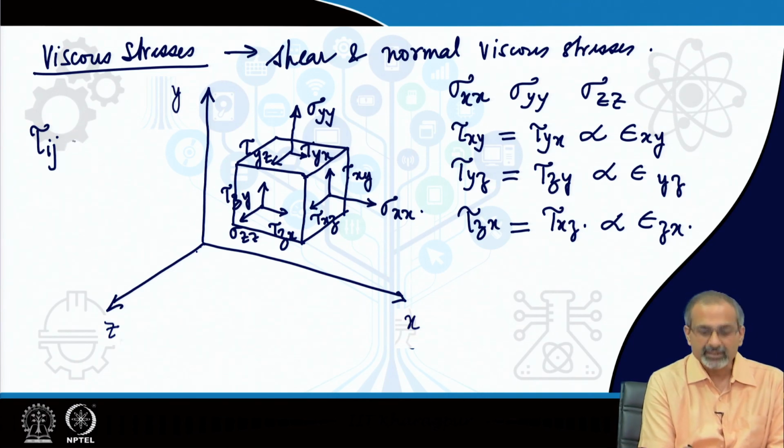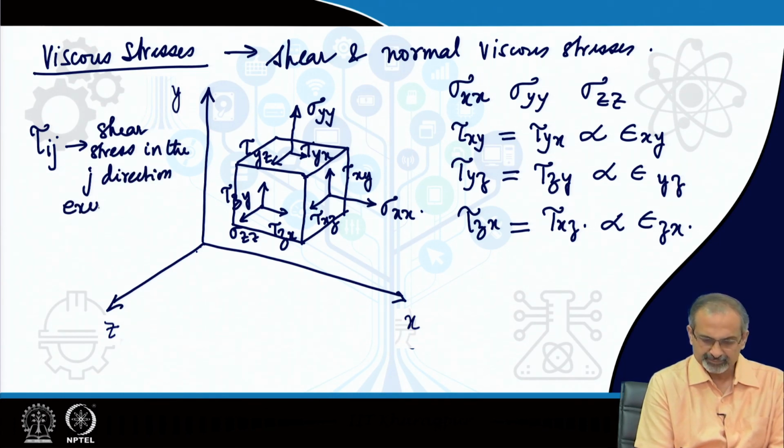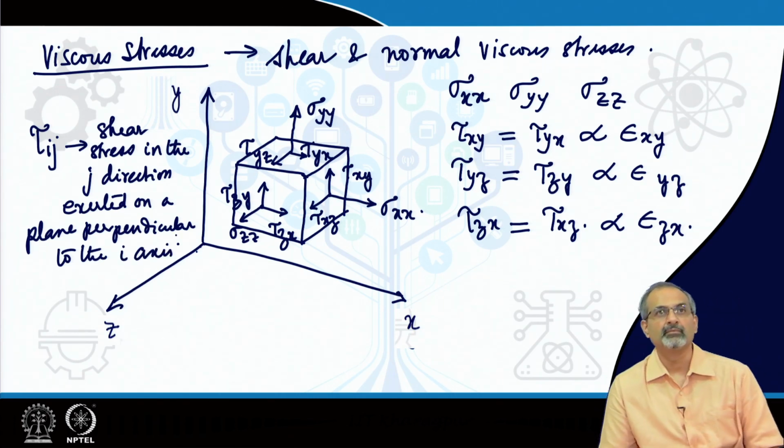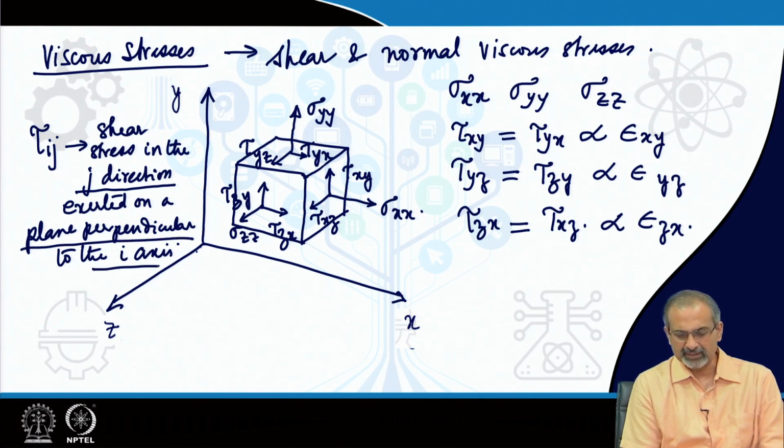So, if we write tau ij, what it basically means is it is a shear stress in the j direction exerted on a plane perpendicular to the i axis. So, we have a j direction and a plane perpendicular to the i axis.